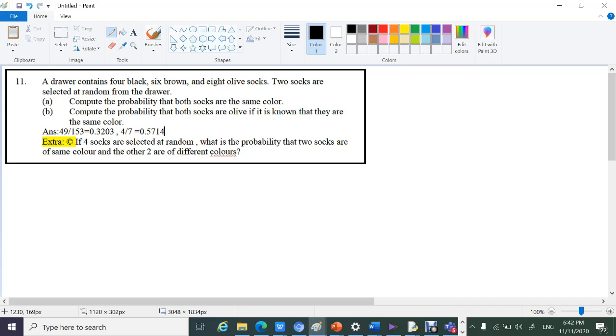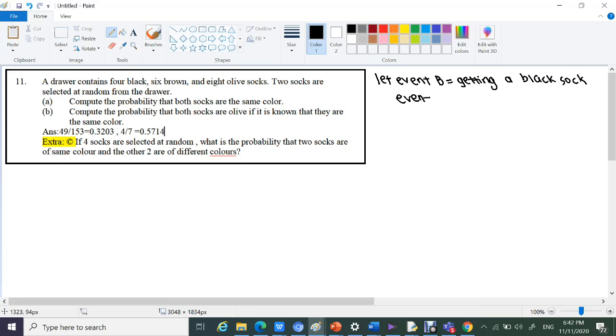To solve question A, first thing first, we always need to define the events that happened. So let event B equal to getting a black sock.